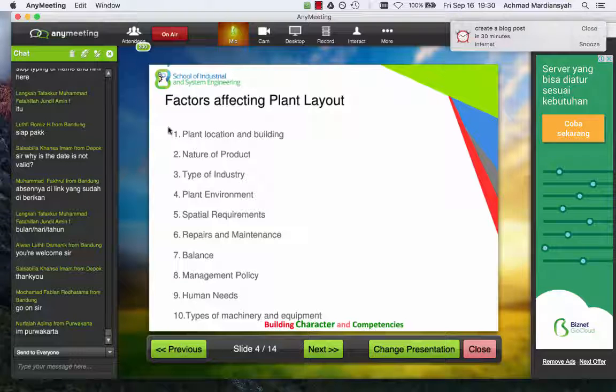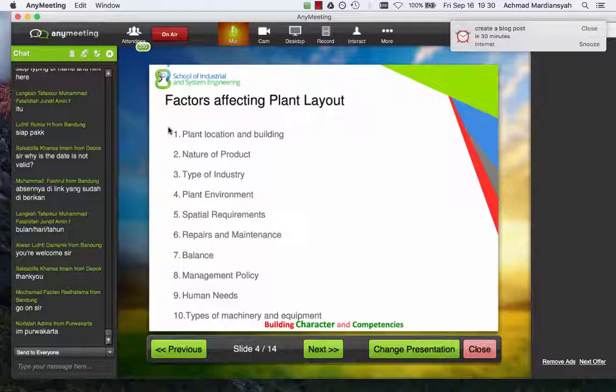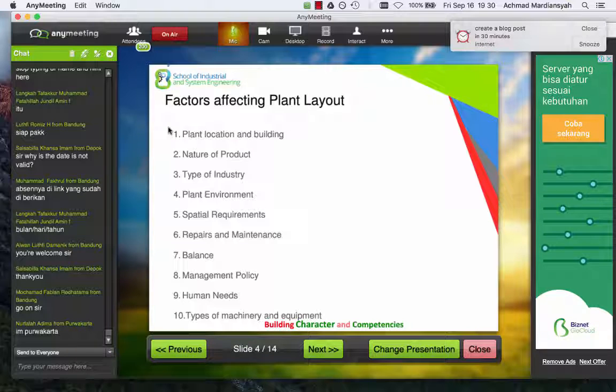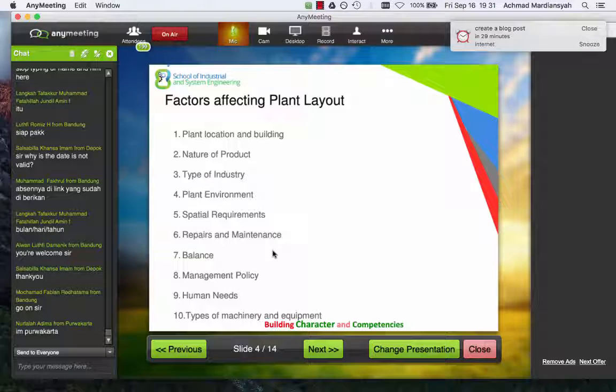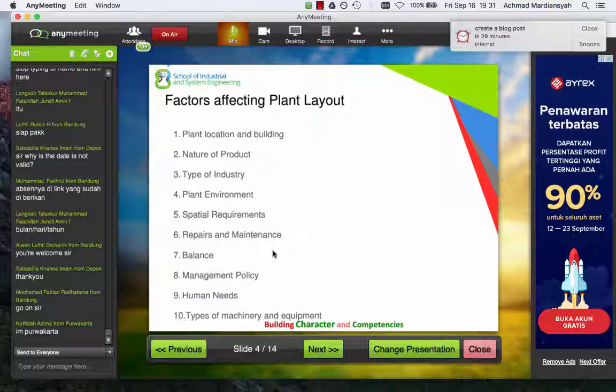Then we need to consider repairs and maintenance, line balancing, management policy, human needs, and types of machinery and equipment, and many other factors. This is not a simple object, so it is quite complex.